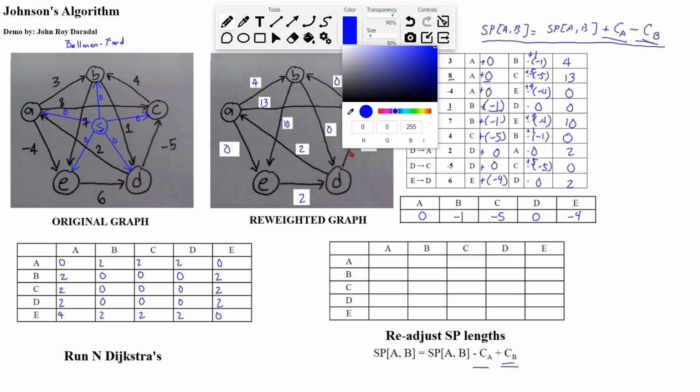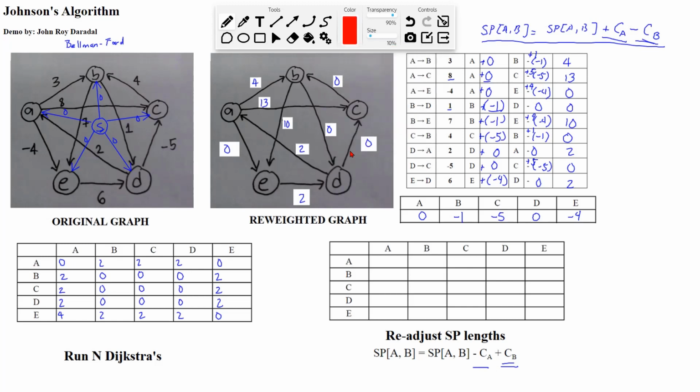Okay, so what you'll need to do is, since this is the source vertex here, we'll write the negative. Okay, so that's here, negatives of CA.